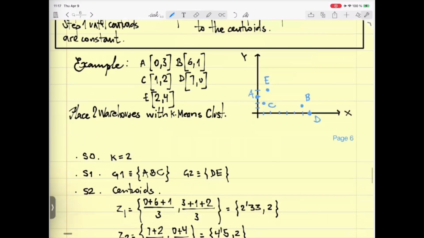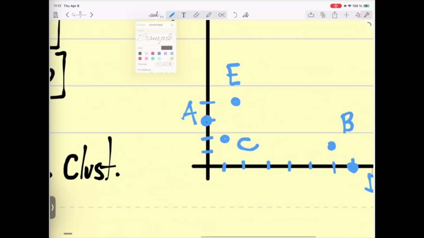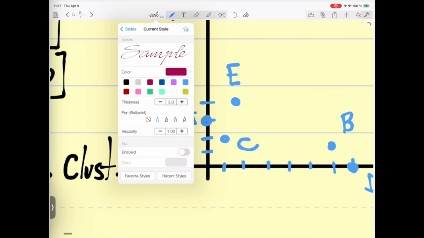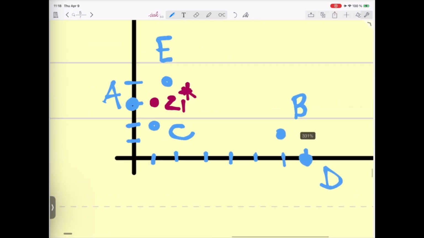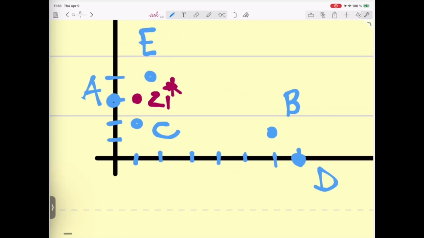Just for your intuition, the point 1,3 is the middle point of the triangle of A, C, and E. Okay, so this is Z1 star, and the middle point of the line between B and D is going to be 6.5, 0.5.